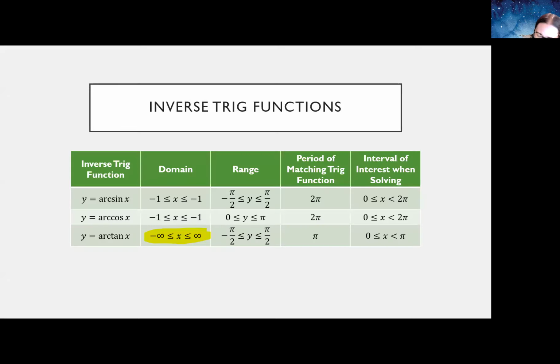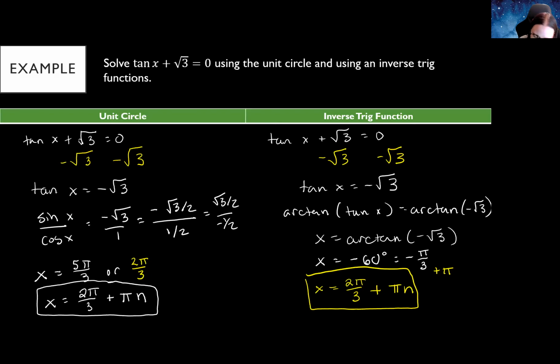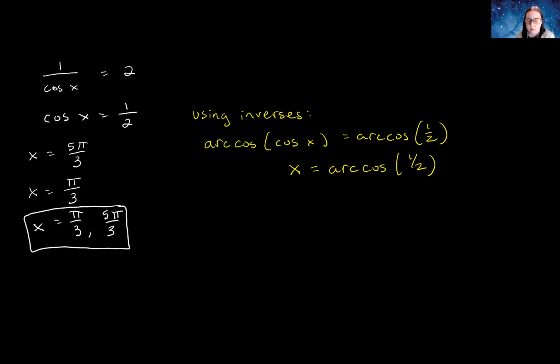So you go back and look at the domain of your inverse cosine. As long as you're plugging in a number between -1 and 1, you're okay. So we're good there. Then you go on your calculator and use your inverse cosine of 1/2. And again, I'm in degree mode just because it's a lot easier for me. And this gives me 60 degrees, which in radians is pi over 3.